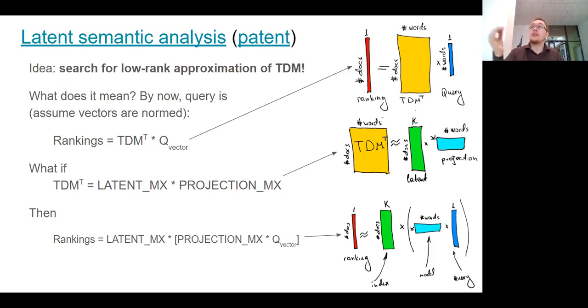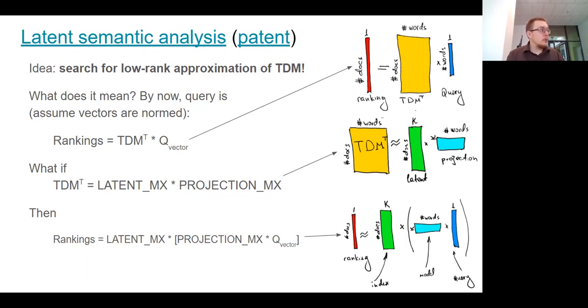And here comes latent semantic analysis. The idea was patented in the late 1980s, and it is based on low rank approximation. The patent says the following: take the term-document matrix and do SVD on it. We will speak about this in more detail.